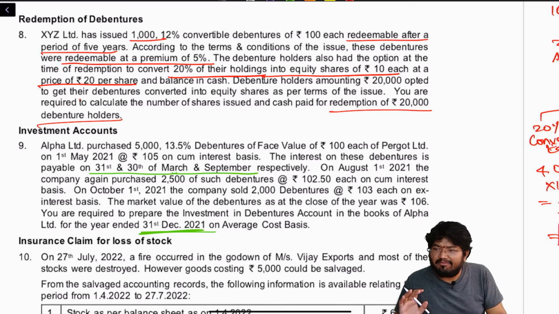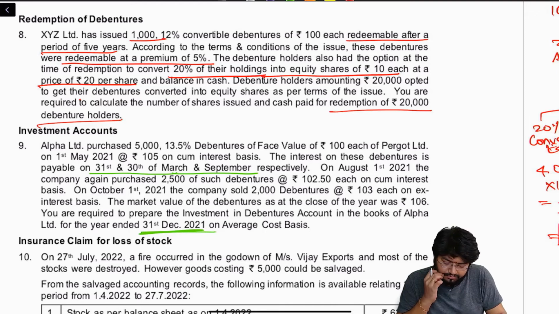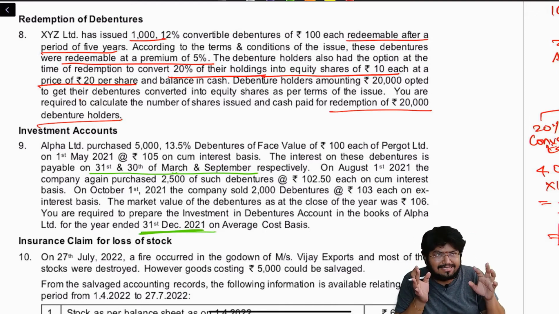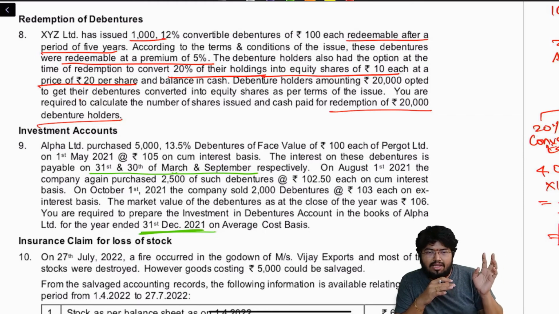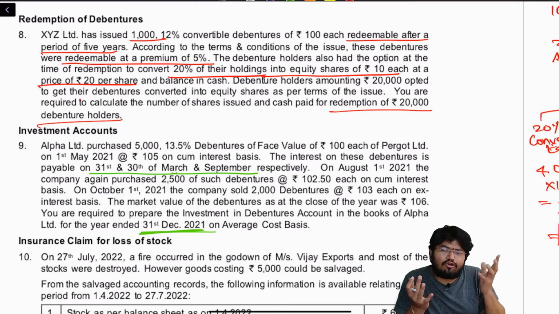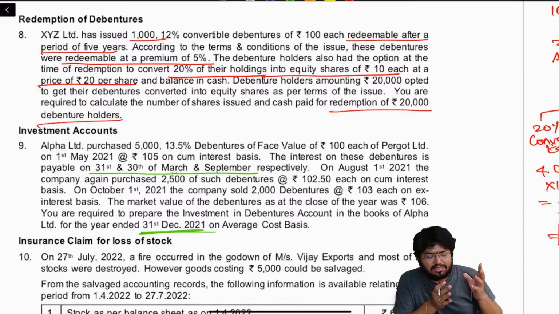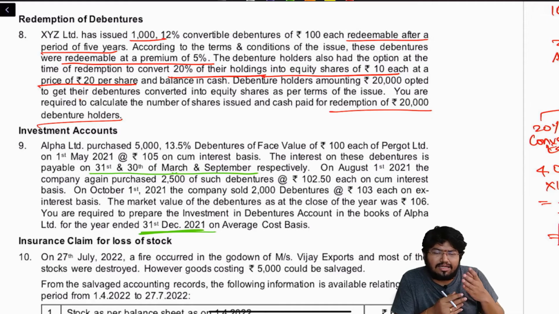Now, why will there be an amount in the opening balance of interest also? Because if I purchased them last year itself, as on December 31st, I would not have got that interest to the extent of 31st December, because the company will pay only on 31st March and September 30.